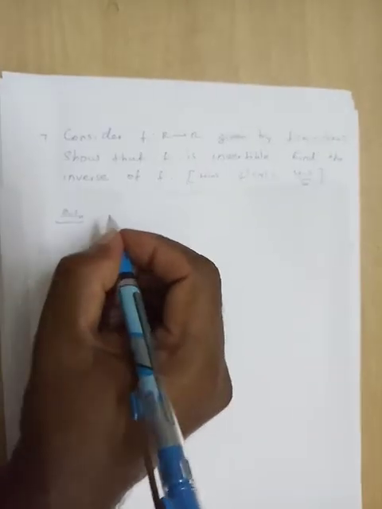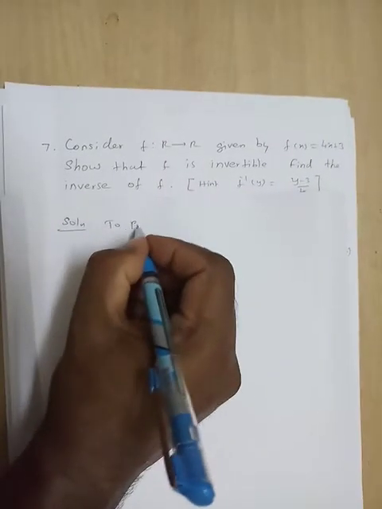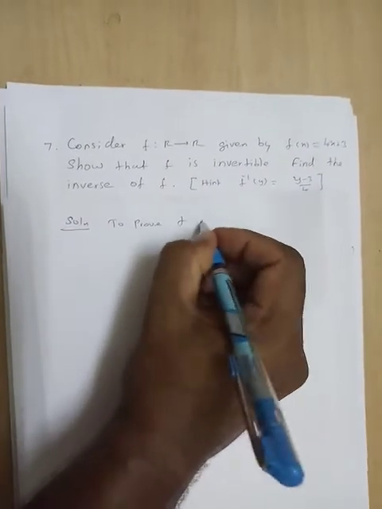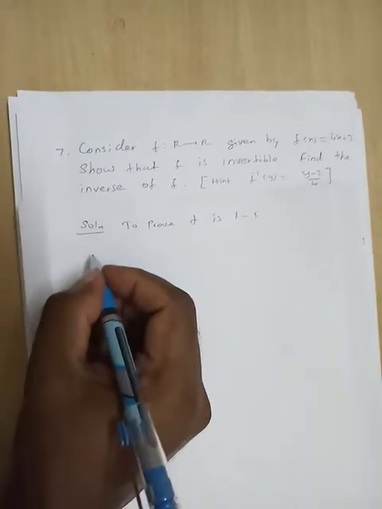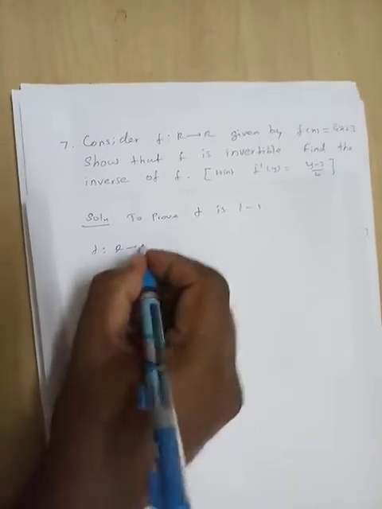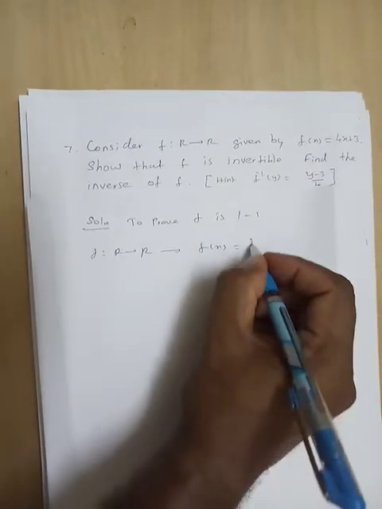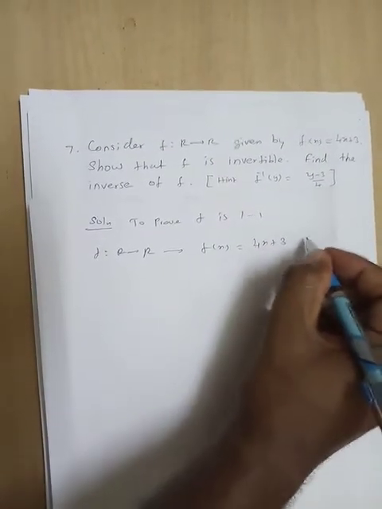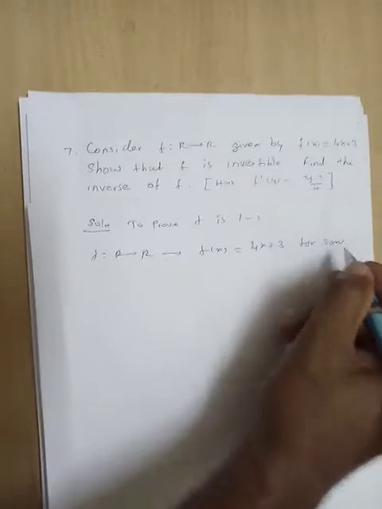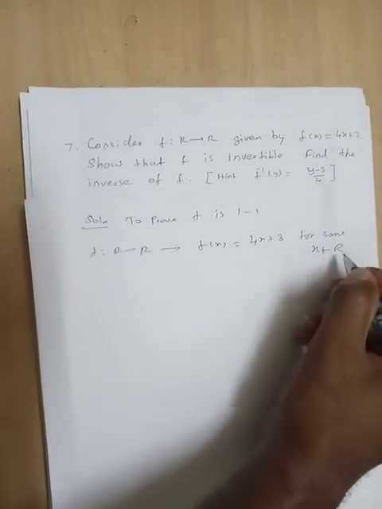So first to prove f is 1 to 1. Now f from R to R is given by f of x is equal to 4x plus 3 for some x belonging to R, the domain.